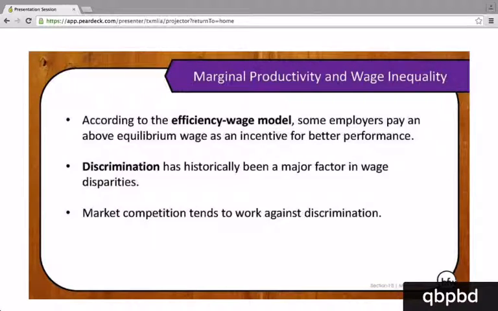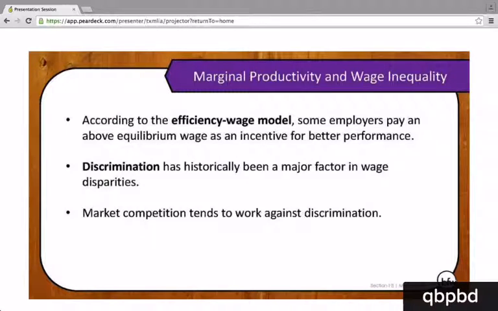Why? Suppose that persons of type Z have traditionally been a minority in a labor market and they've suffered discrimination and they earn lower wages because of it. Well, rational colorblind employers who don't want to discriminate would prefer to hire these workers who are equally productive, but because of discrimination are less expensive to employ.